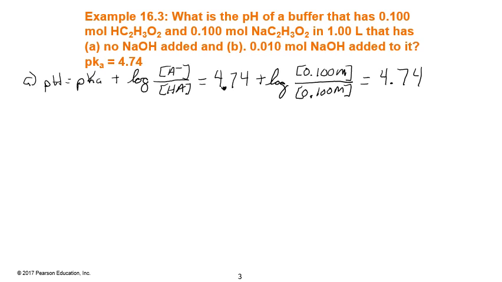So when we have equal amounts of acid and base, our pH is equal to our pKa. Now let's look at the case where we're adding 0.1 moles of sodium hydroxide to this solution.